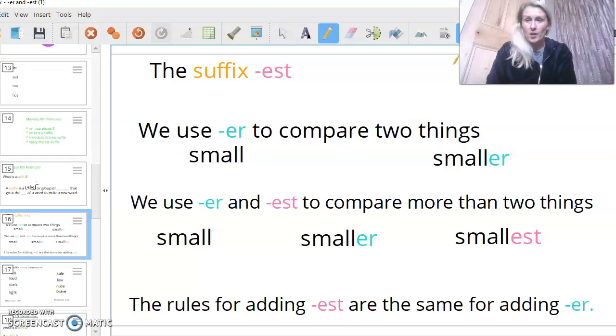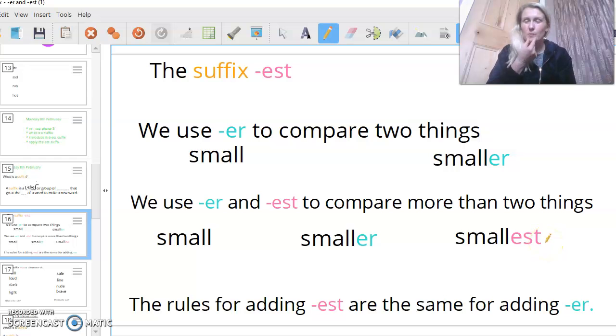We use the er suffix to compare two things. Do you remember we spoke about that before? So we might go large, larger. So we've got here the word small, smaller. We use est to compare more than two things. So look here, we've got the word small, smaller, smallest.